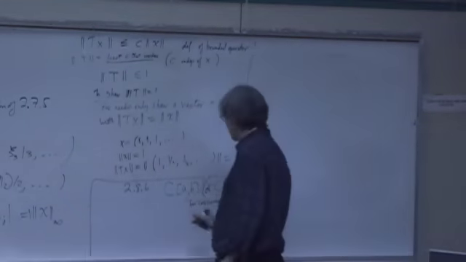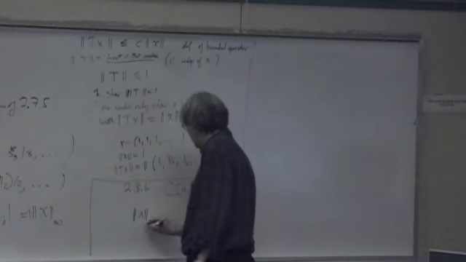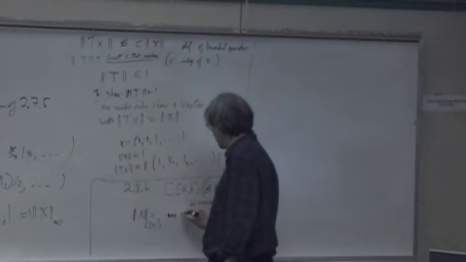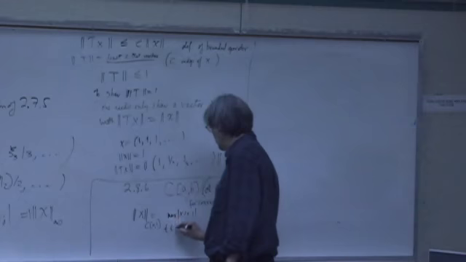And then what you have is that the norm of x in C[0,1] is equal to the maximum of |x(t)|, t in [0,1].